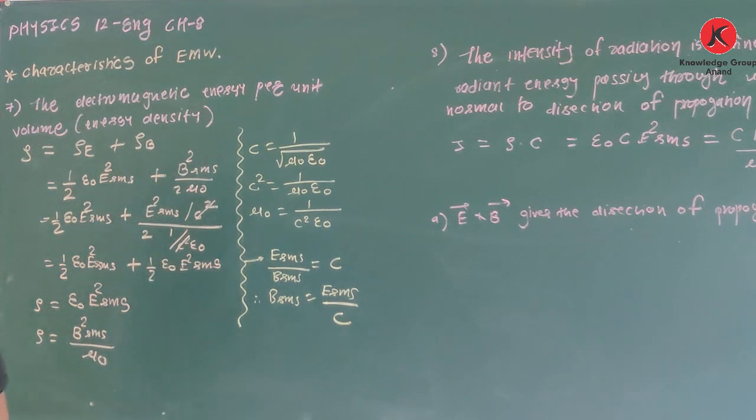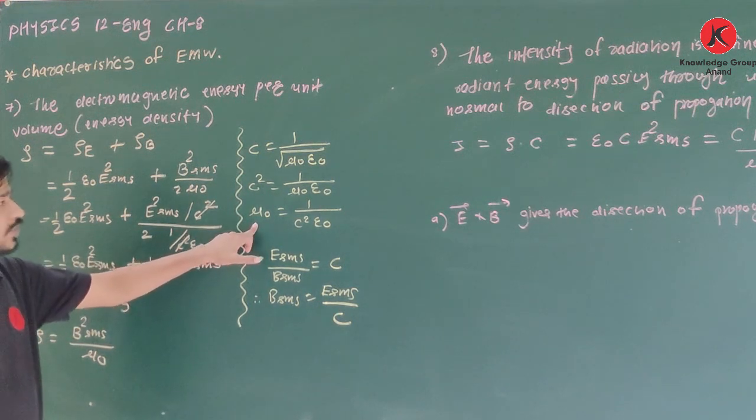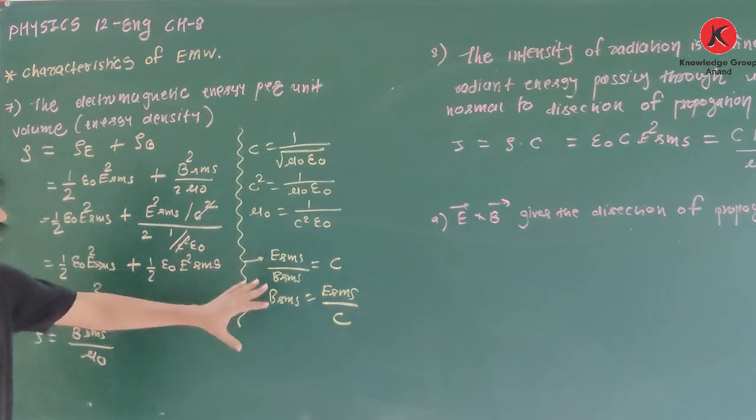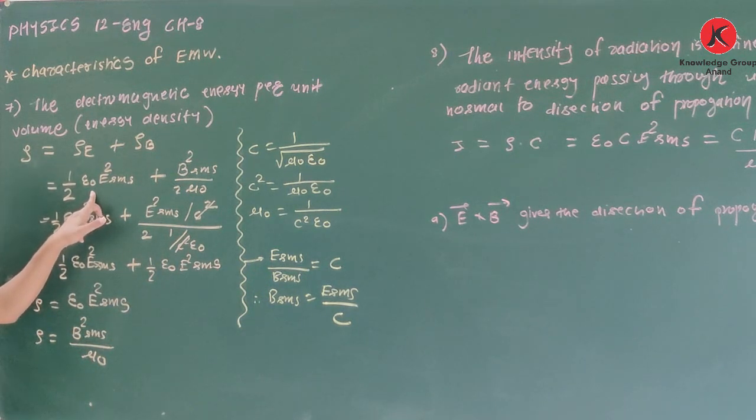You can also derive this relation in a similar way: make epsilon 0 the subject from here, and E RMS, and if you put these values here, you will get this equation. So it is one easy point in which you have to obtain this equation.